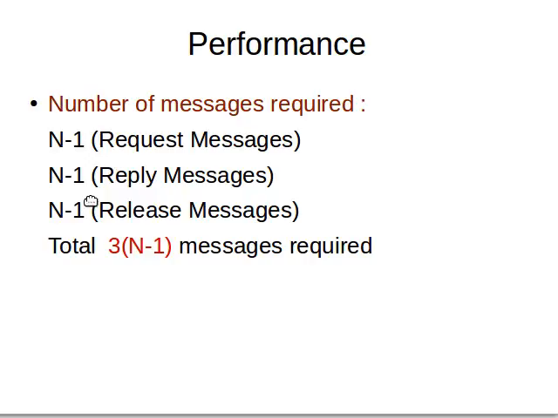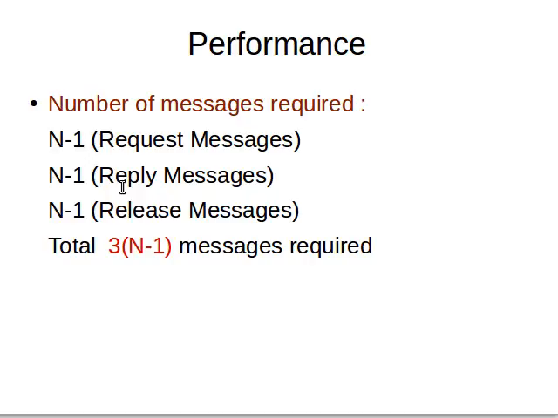Each site has to send a reply message. On receiving all the reply messages, only then can a site enter into the critical section. So n minus 1 reply messages are required. After entering into the critical section, it performs its task and then exits.